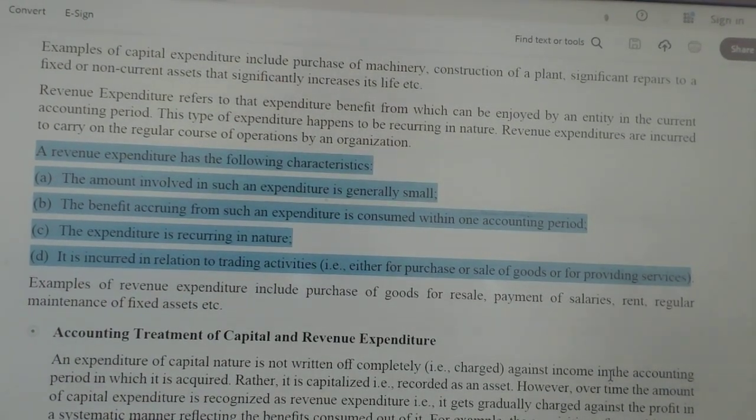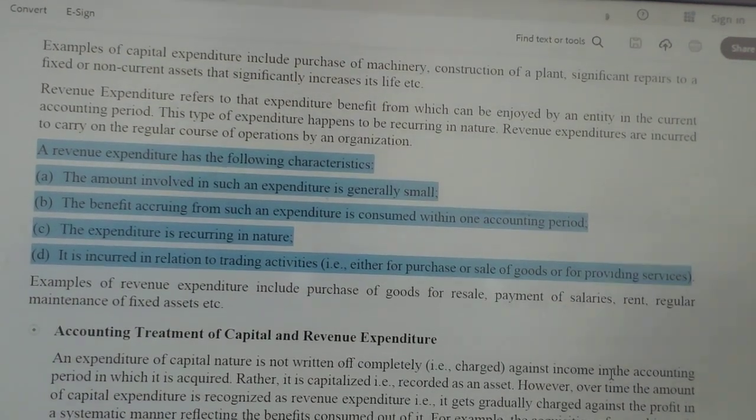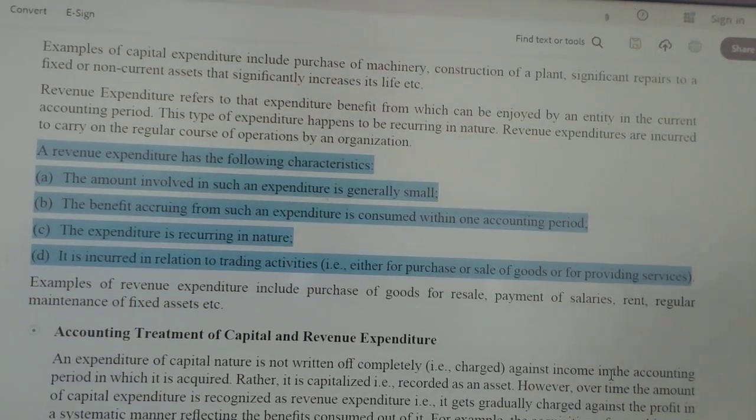Second, the benefit accruing from such expenditure is consumed within one accounting period.